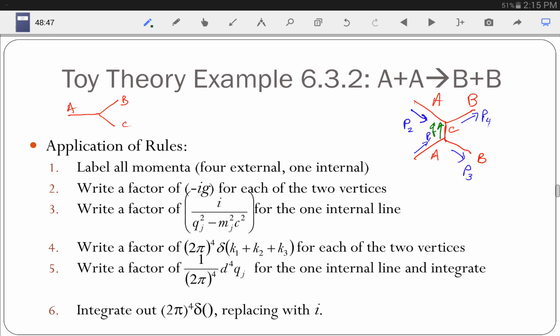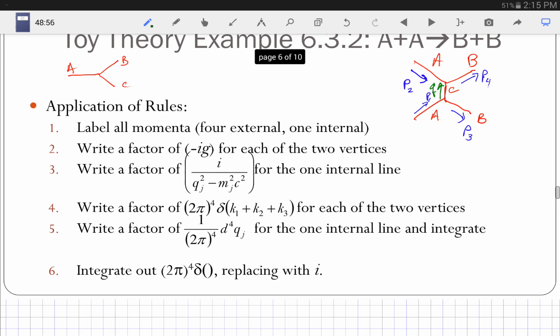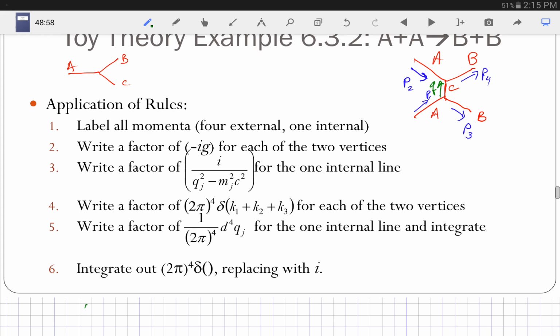All right, we've done step one. We labeled all momenta, 4 external and 1 internal. Now we write the factor of minus Ig for each of the two vertices, so just like before, minus Ig squared. Then write a factor of i over Q squared minus M squared c squared for the one internal line.